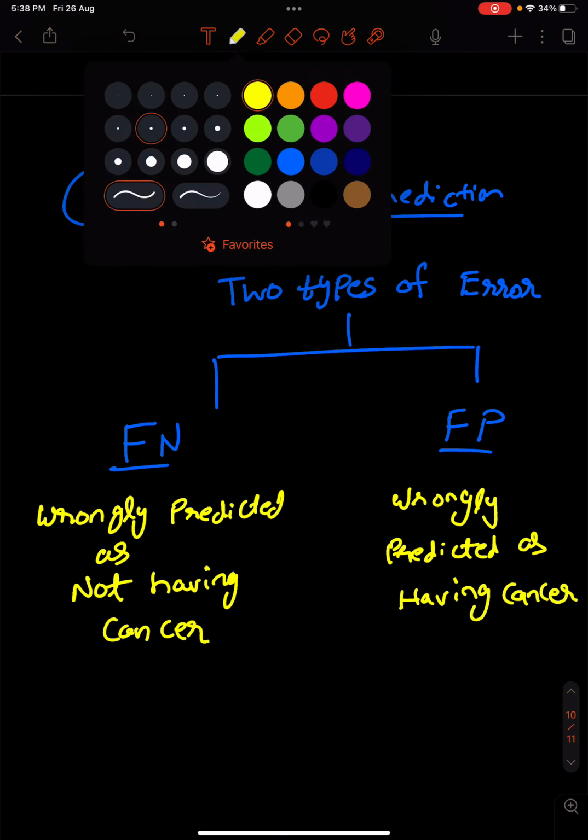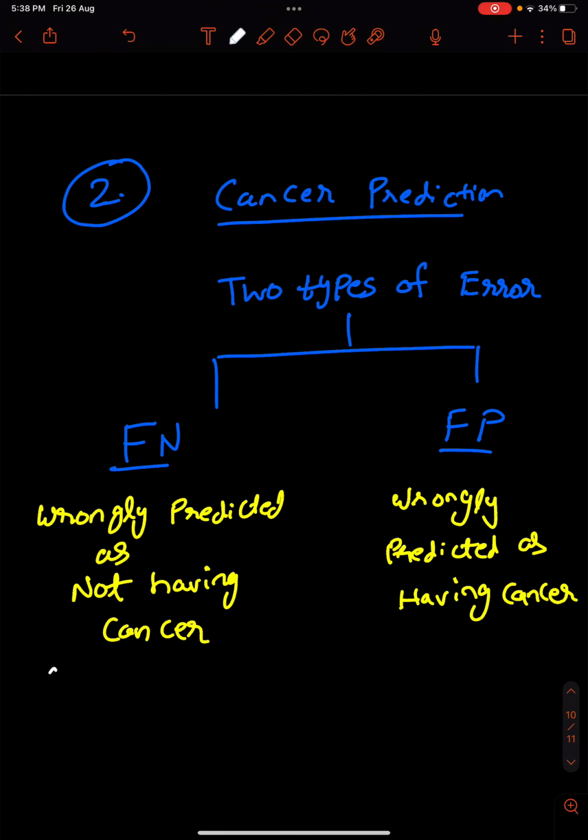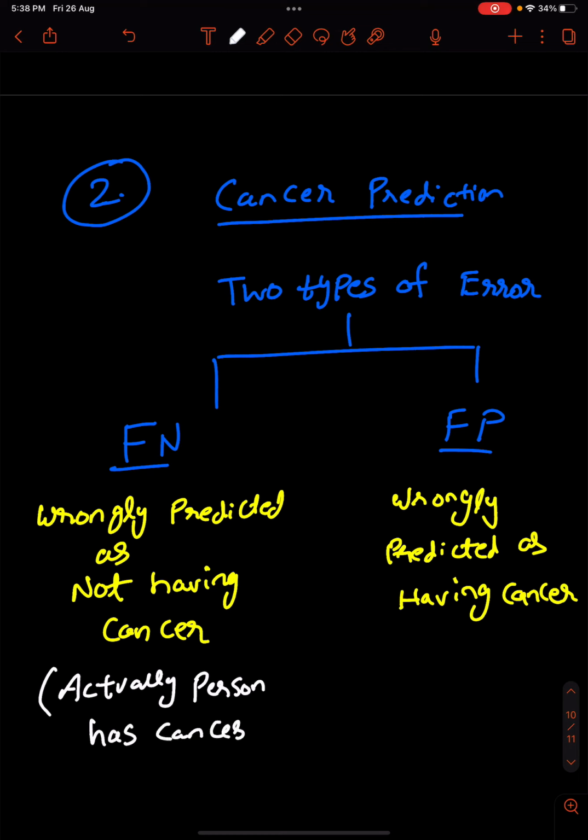So the actual information is that, in the false negative case, the person has cancer, but the model predicted that the person doesn't have cancer.